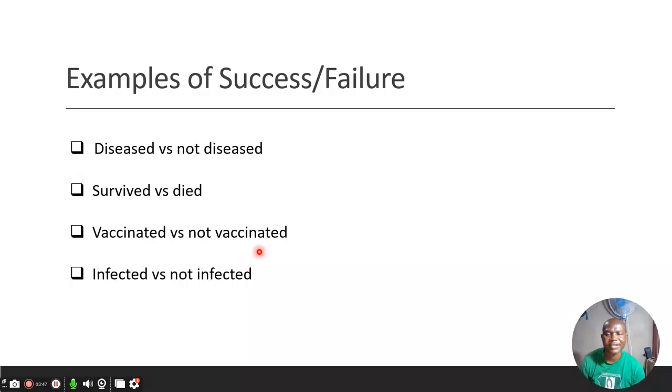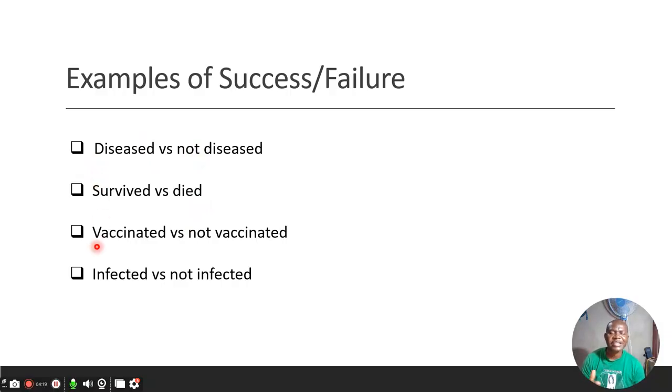Now, let's look at a few examples to illustrate what binomial distribution is actually all about. Of course, I've mentioned that it's a distribution of success and failure events. Okay, and then an example is when you talk of diseased and not diseased, maybe in an experiment, or survived versus dead. In an experiment, our interest may be those that actually died. Okay, it could even be those that were diseased.